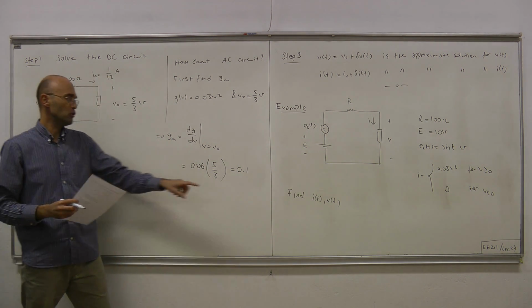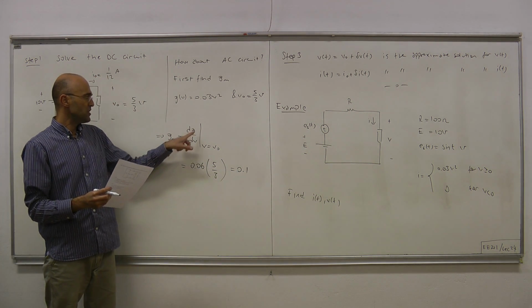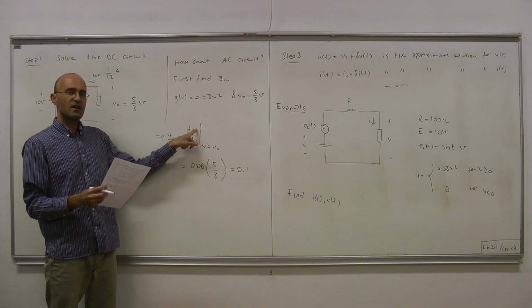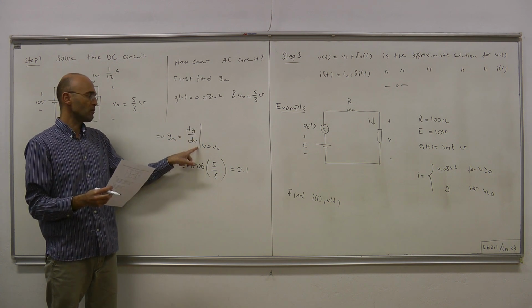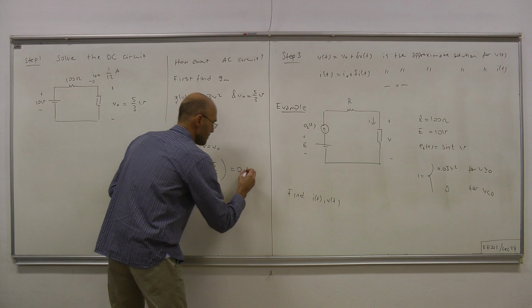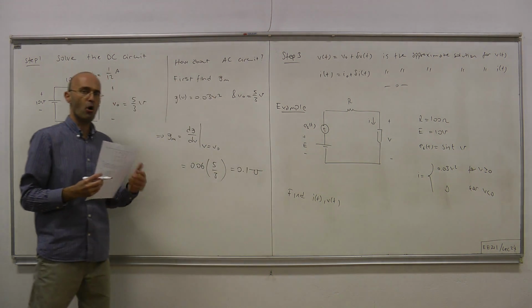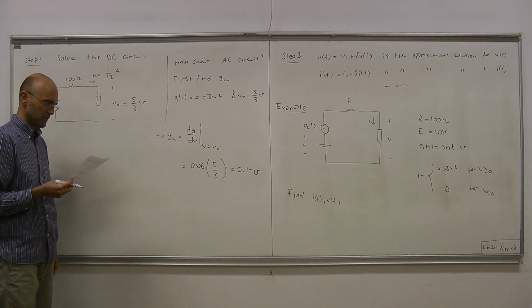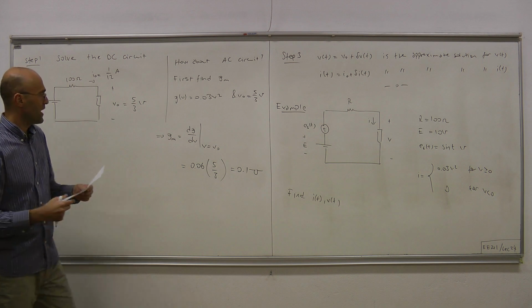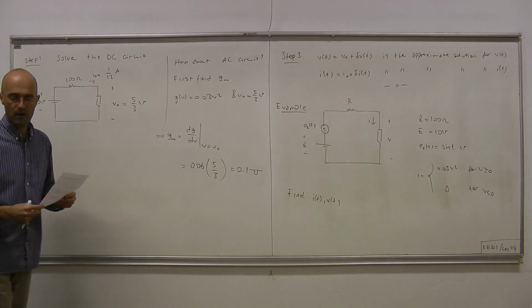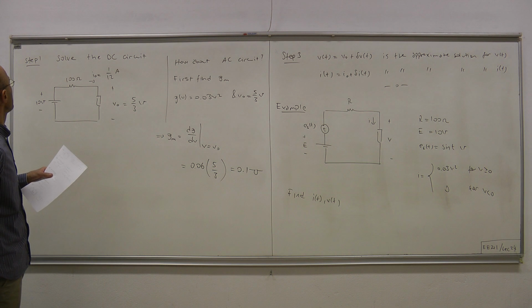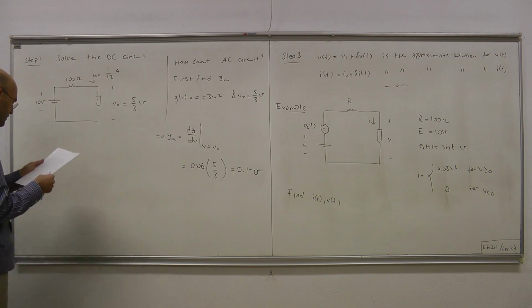We have to be careful about the units here. Gm is dg over dv. g is current, v is voltage, so it's current over voltage. Therefore, the unit is mhos, or Siemens. Now, once we have this conductance, it's straightforward to obtain the AC circuit.